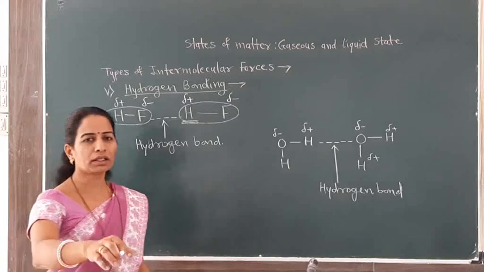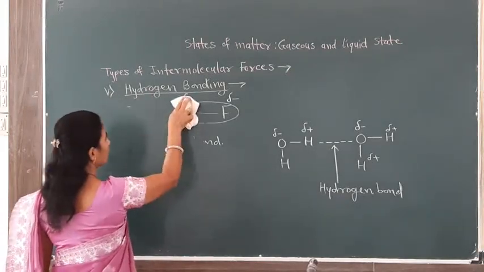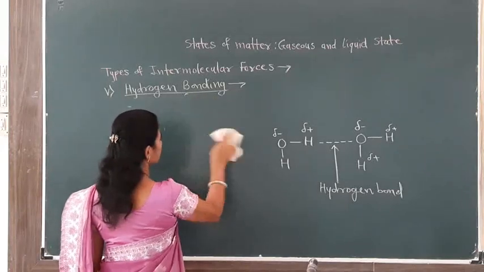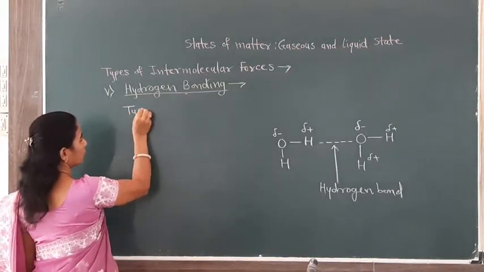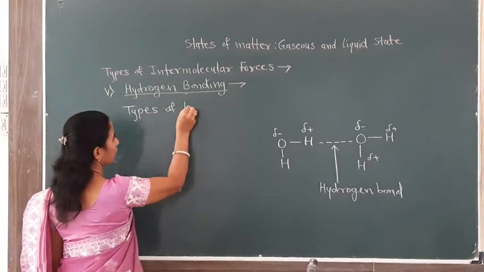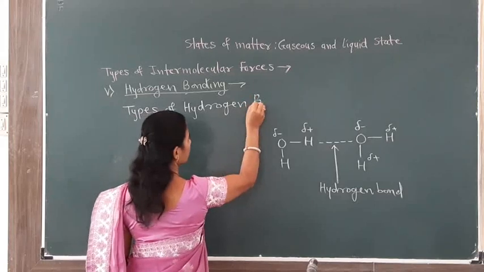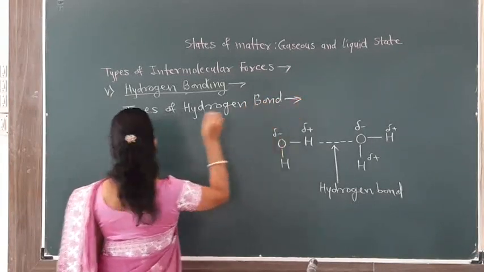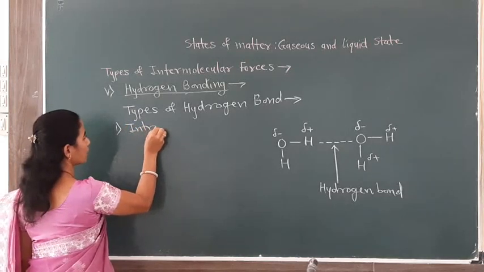Now let's see the types of hydrogen bond. There are two types of hydrogen bond. The first one is called intramolecular hydrogen bond.